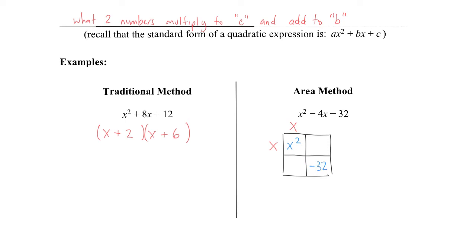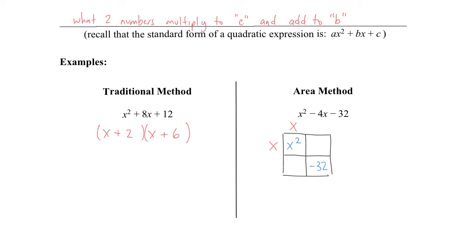So for example, I might do, okay, how about negative 32 and positive 1? Well, that multiplies to negative 32, but that would give me negative 32x here and positive 1x here. And these two things do not add together to give me negative 4. So that didn't work. So I have to take this out and take this out and take this out and take this out and try again.